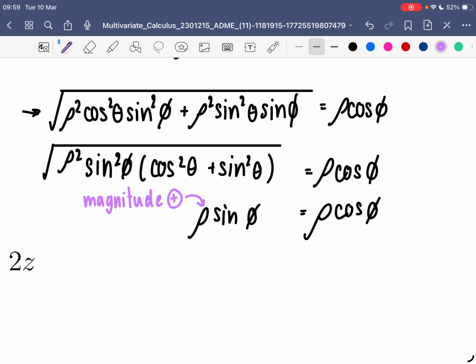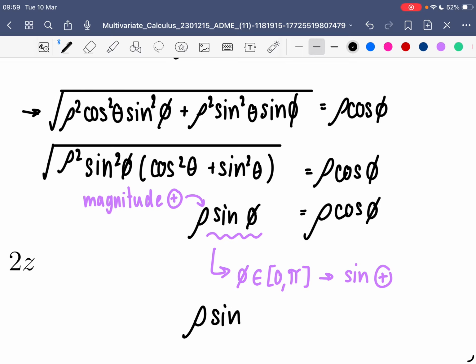This is positive because phi is ranging from 0 to pi. So this reduces to rho sin phi is rho cos phi. I don't care about rho being 0. So you just get tan phi is 1. So phi is just pi over 4. That's your final equation.